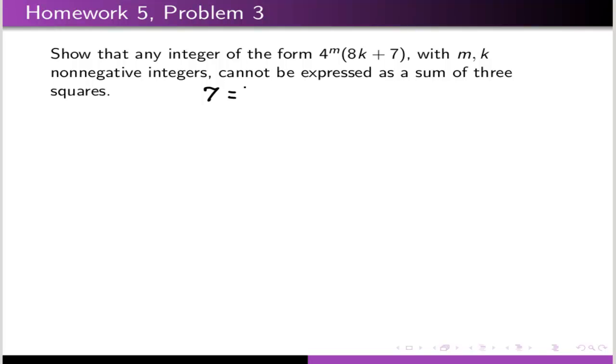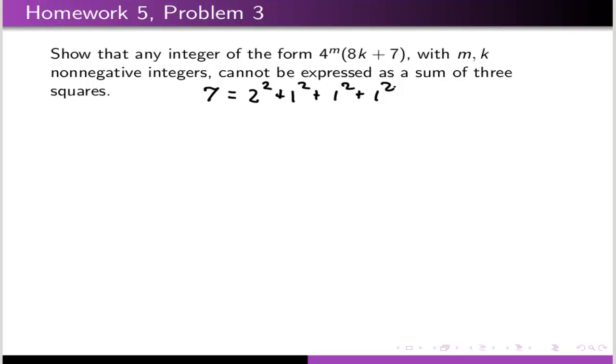You've got 1 squared and 2 squared to work with. You can't get up to 7 just using 1s unless you use 7 of them, and if I used a 2 squared, I'm going to need at least 4 terms. So you cannot represent 7 as a sum of 3 squares.